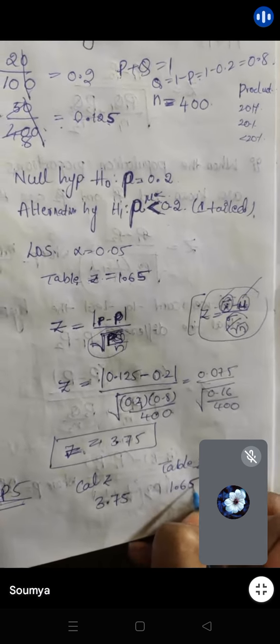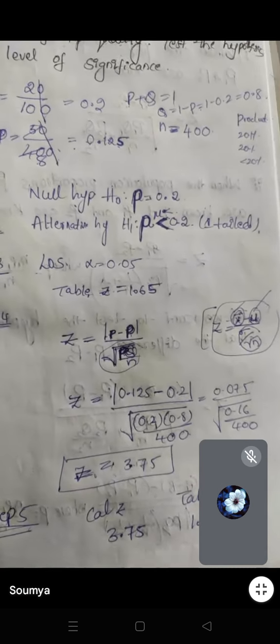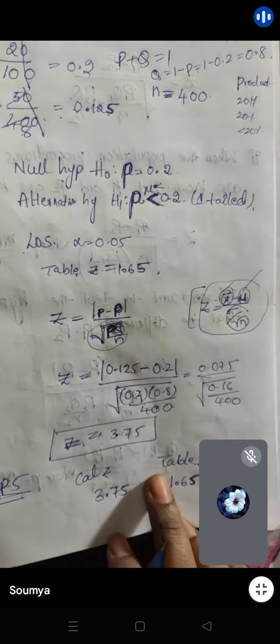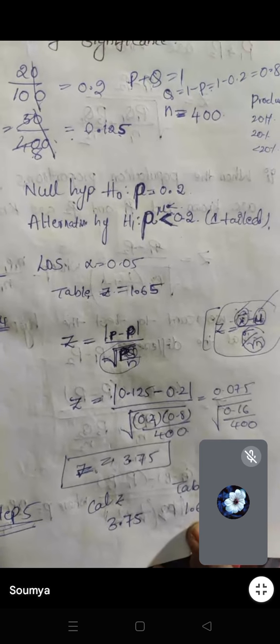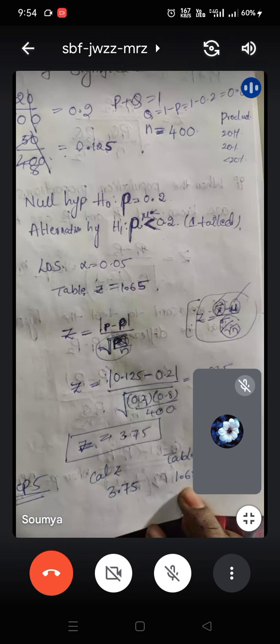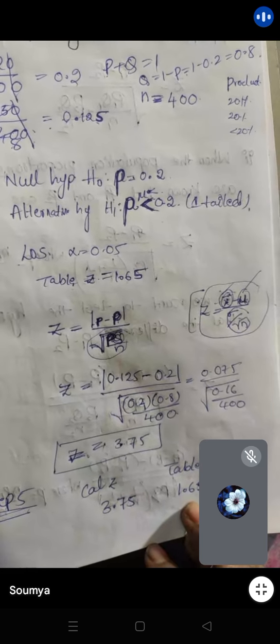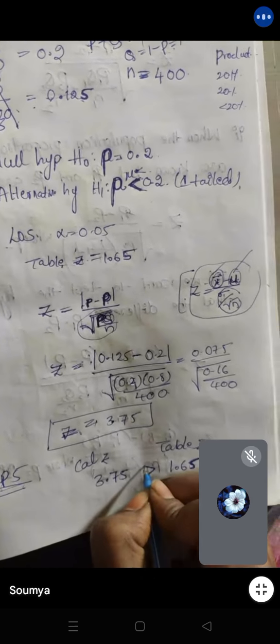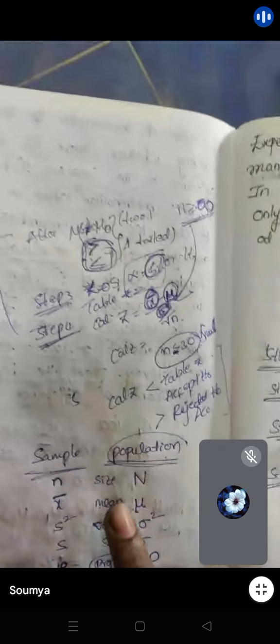Now tell me, is 3.75 greater than 1.65 or less than 1.65? Even an 8th class student can answer this. Greater than 1.65. So accept H naught or reject H naught?